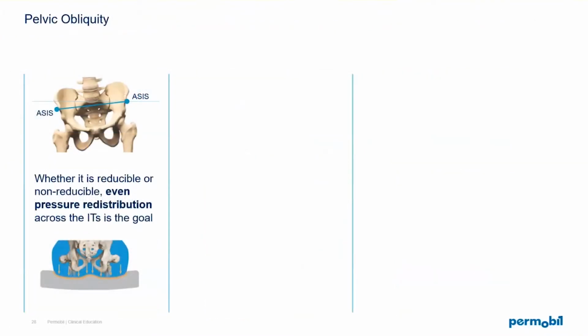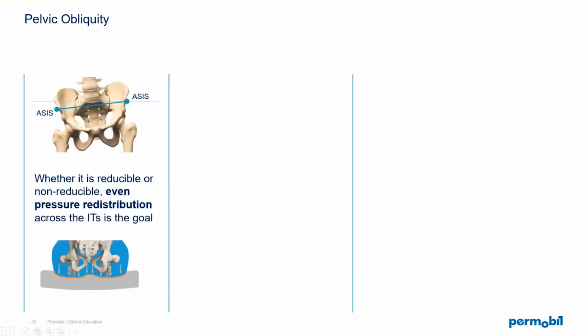So now let's take a look at each of the abnormalities and decide what to do when you're dealing with both a reducible and a non-reducible one. So when presented with a pelvic obliquity, whether it's reducible or not, your goal is to try to make even pressure distribution. And you can see that in this illustration down here. The problem with an obliquity is that the lower IT is really digging into the support surface of the cushion, while the other side is kind of just hanging out in limbo, barely making contact.